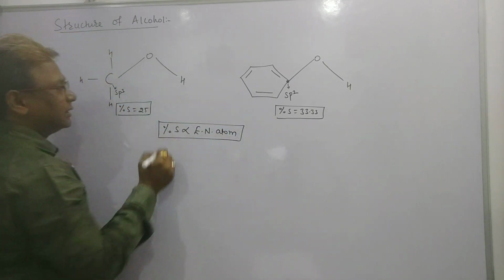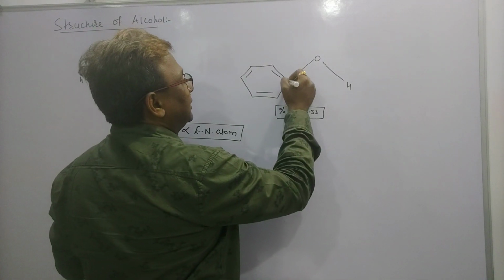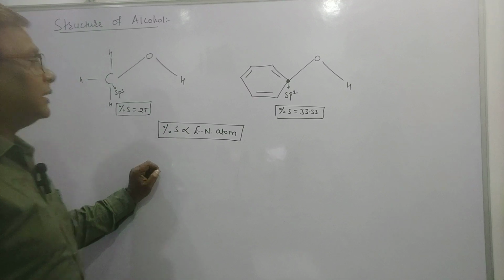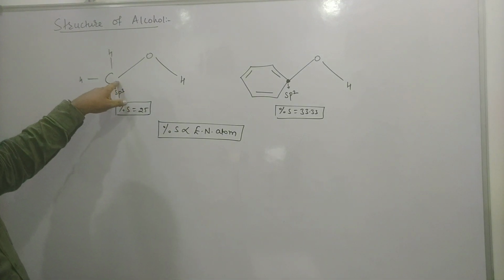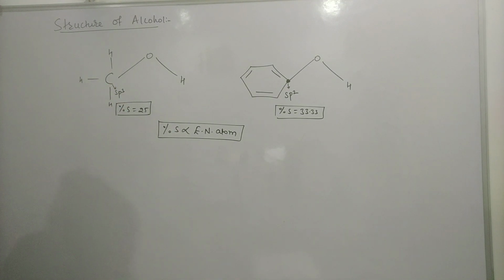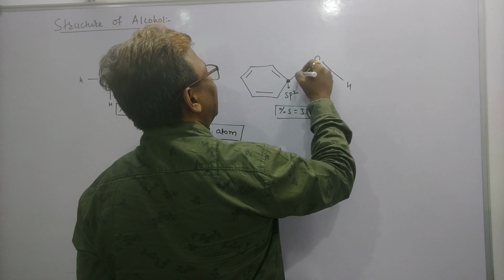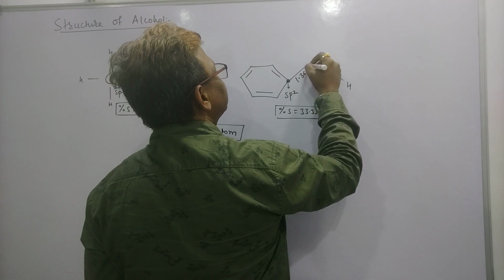Based on that we can say, beta, this carbon of the benzene ring is more electronegative than the carbon of the methyl group. But more electronegative means there will be changes in the bond length. The bond length of carbon to oxygen here is 1.36 angstrom.